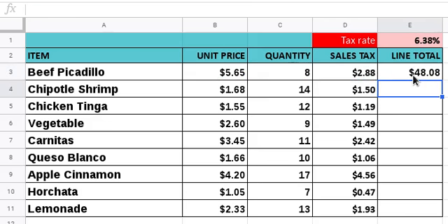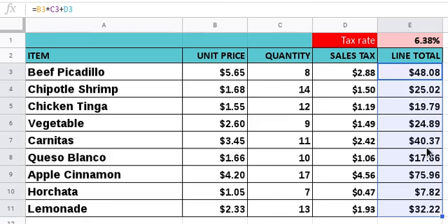It means this is the total cost for 8 kilograms of beef, including the sales tax calculated together. Now we can fill this formula downwards, and since it's a relative formula, it will do the magic automatically. When you click on the second one, you'll see it is B4 times C4 plus D4. The next one has B5 times C5 plus D5. I think now you can see the difference.